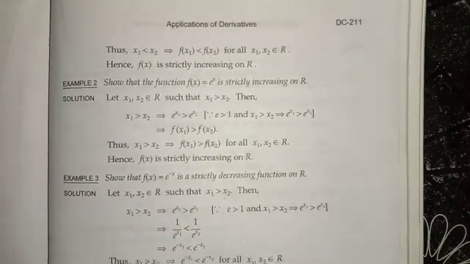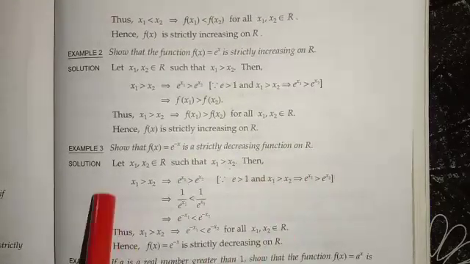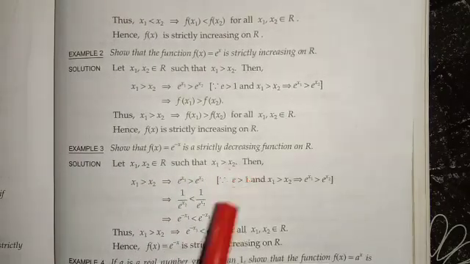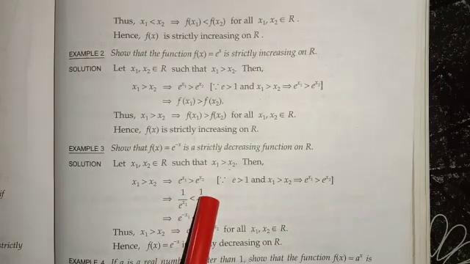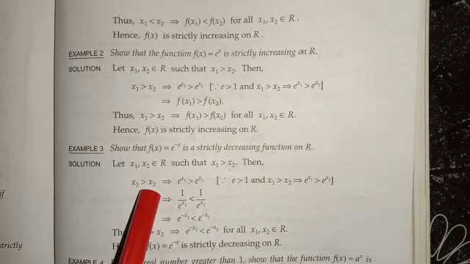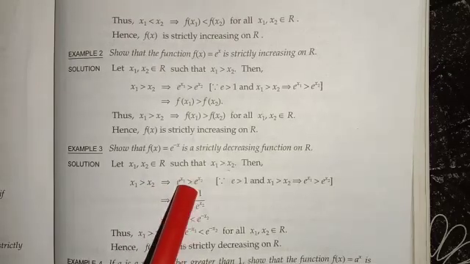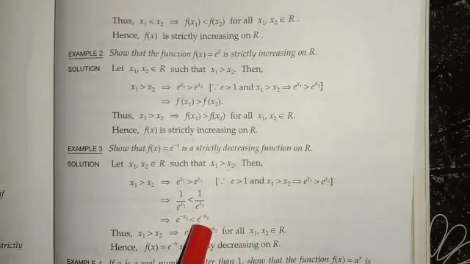Next question: show that f of x equals e to the power minus x is a strictly decreasing function on R. Let x1, x2 belong to R such that x1 is greater than x2. Then e to the power x1 is greater than e to the power x2. Now take the reciprocal. Since the reciprocal reverses the inequality, 1 by e to the power x1, meaning e to the power minus x1, is less than e to the power minus x2.